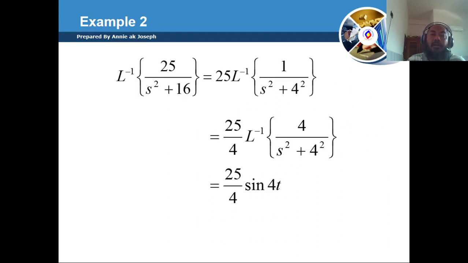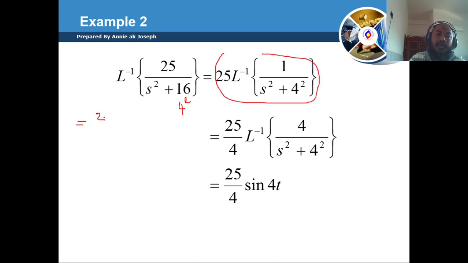Okay. Another one, we have 25 divided by s square plus 4 square, so 25 is out, and we have 1 divided by s square plus 4 square, right? This is 4 square, right? So we have 25 divided by 4. Let us multiply 4 inside, because we can multiply by 4 here. Okay, let's do it properly. We start from here.